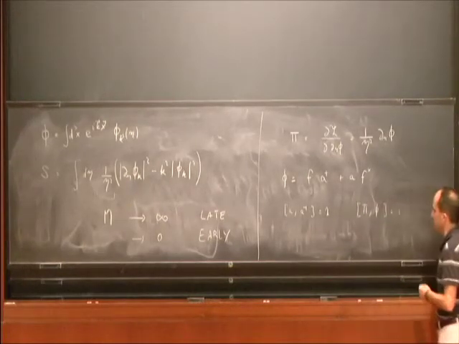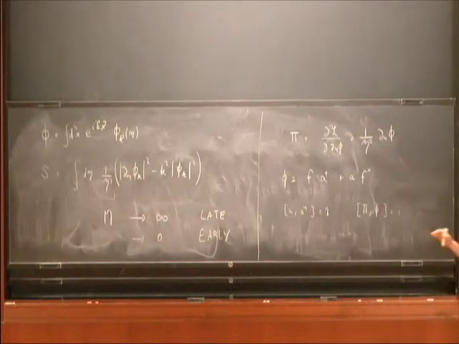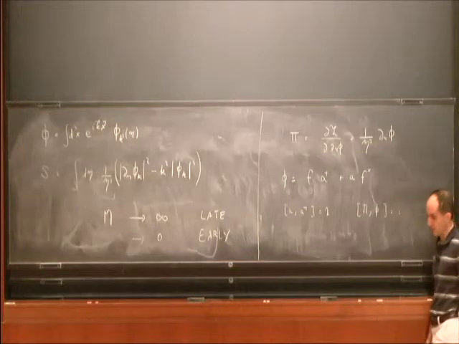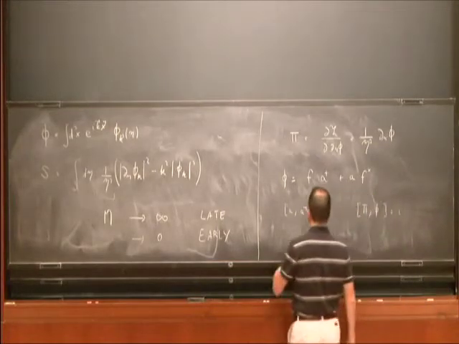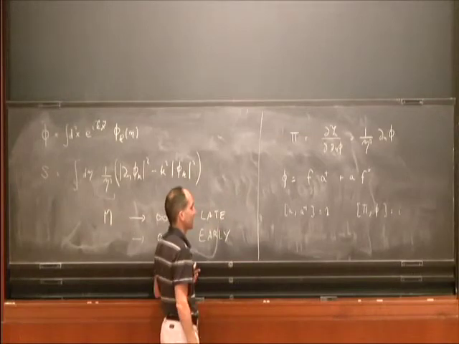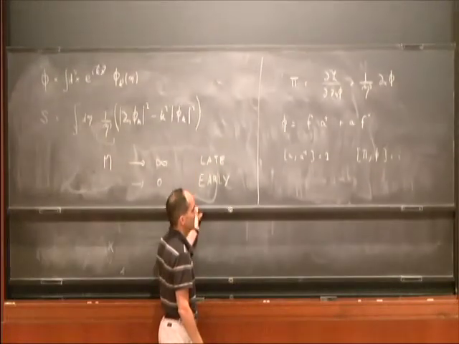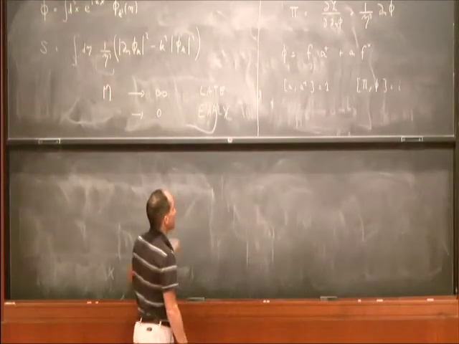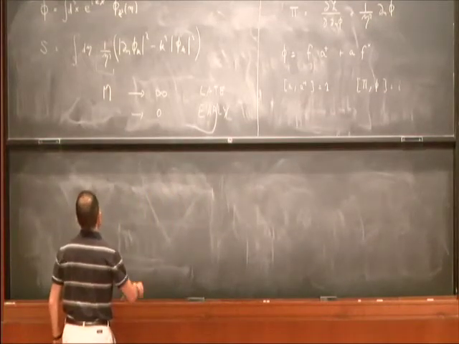So imposing the usual canonical commutation relations between phi and its canonically conjugate momentum, you set these conditions. Now, I haven't said what F and F star are, and you can choose anything. And in particular, let's choose a solution.